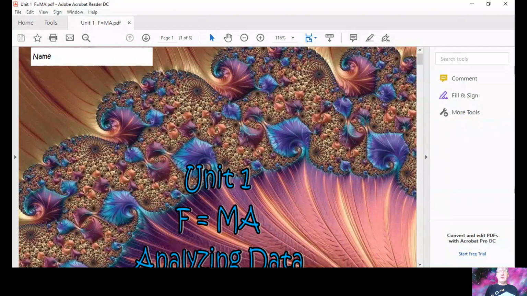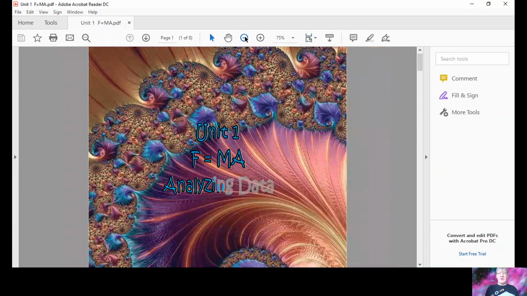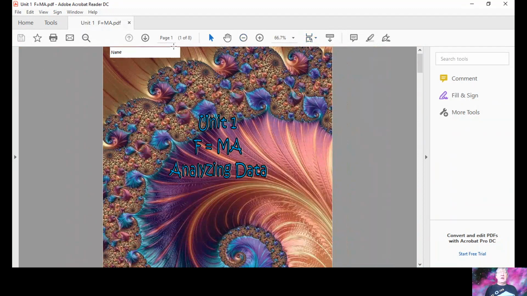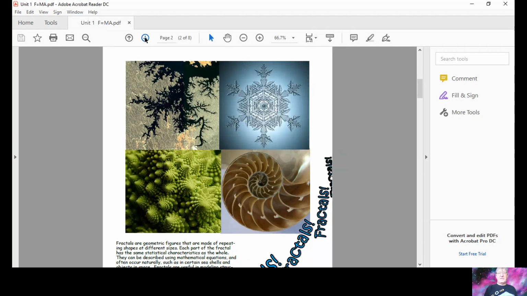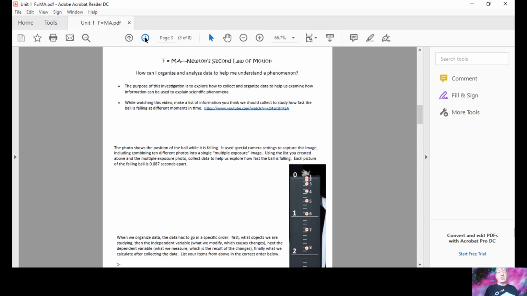Because I think part of it, it's just hard to get started on it if you don't know where to begin. So what I'm going to do is go to the front page. I'm going to zoom out a little bit so we can see more of it at one time. And now I'm going to jump past the fractals. That was just kind of for fun. To the actual work we need to start doing is right here, right?